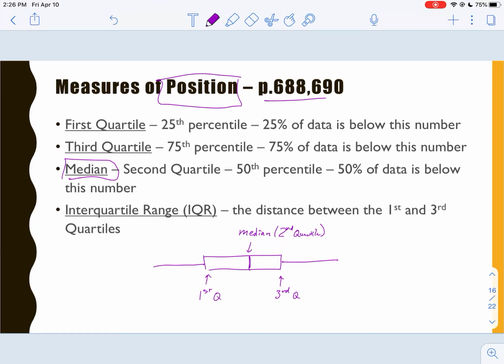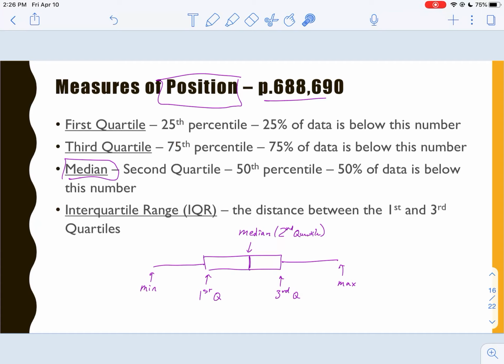Then on either end of the box, you have the first and the third quartiles. And then here, you have the max score and the minimum value of your data set. Now, the first quartile corresponds to what we call the 25th percentile, and that's the data point such that 25% of the data is below that number, and the rest is above.